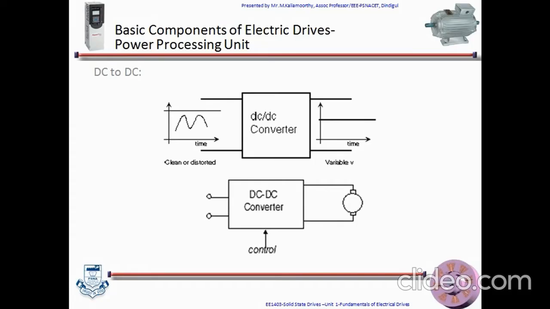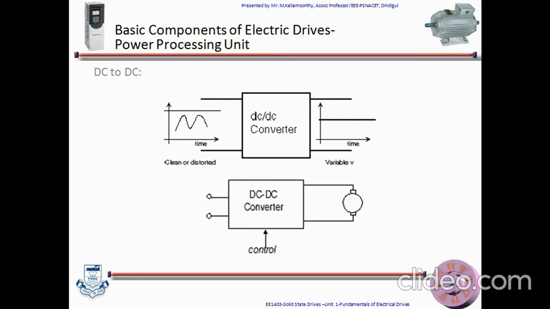If I require a variable armature voltage to the motor, then I require a DC to DC converter. So the main job of a DC to DC converter is to convert a clean or distorted fixed DC supply into a variable DC supply. So the DC to DC converter is going to give an output voltage which is generally a variable one.